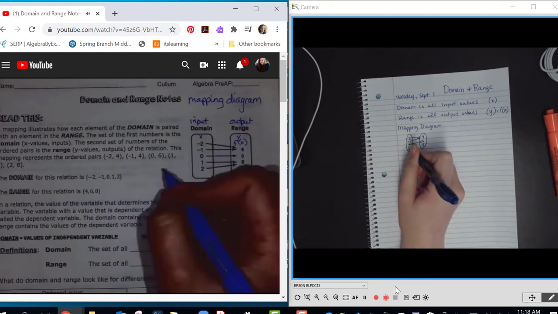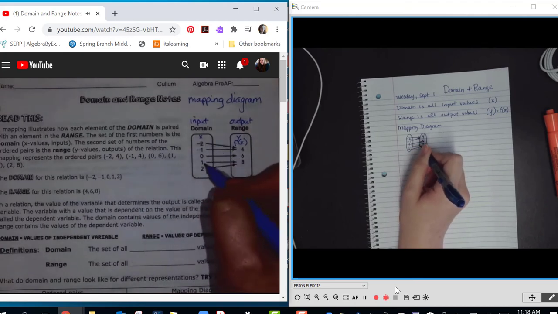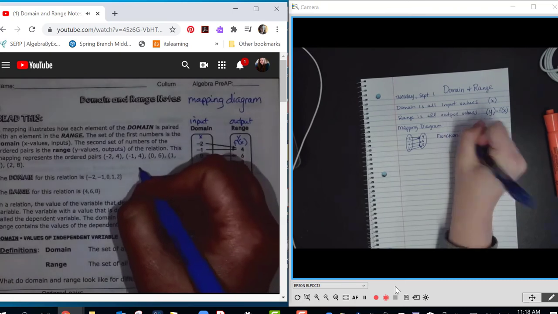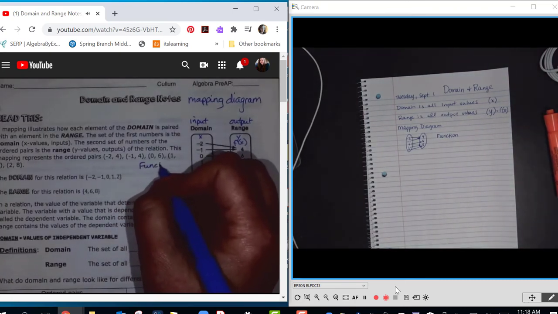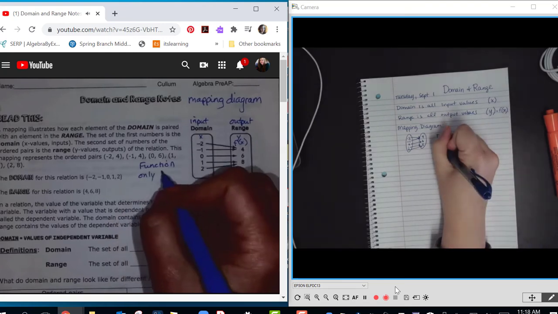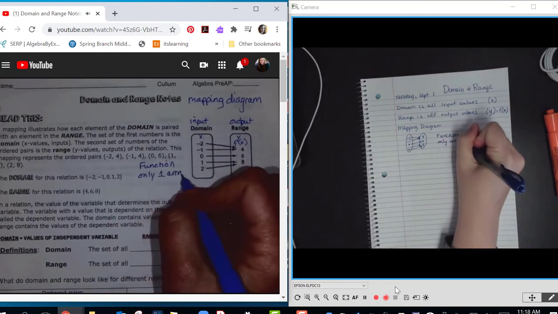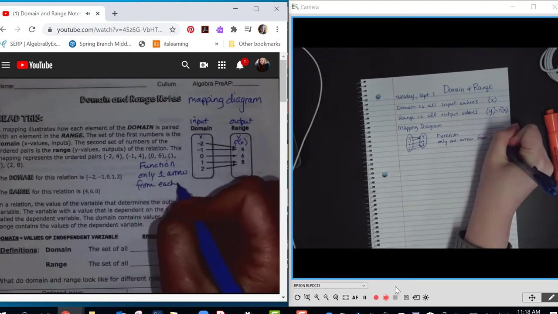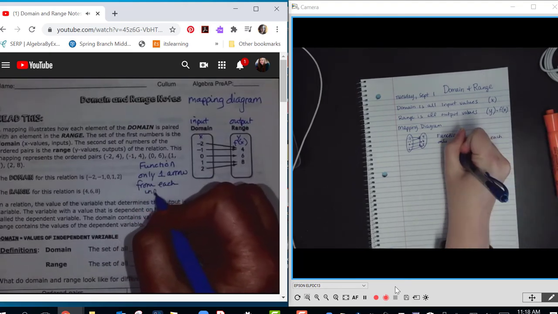Function. Non-function. Okay. There's not multiple arrows coming from the X value. Okay. So this is a function. Wait, how? Because there's not multiple arrows coming from the input. Only one arrow. Negative 2 and negative 1 are both going to follow. Yeah, but there's only one arrow coming out of each input. It's the arrow that matters.